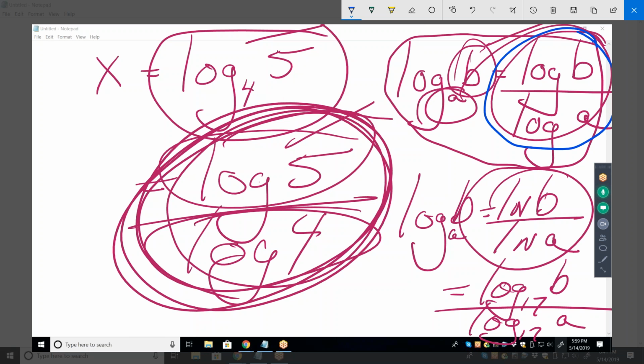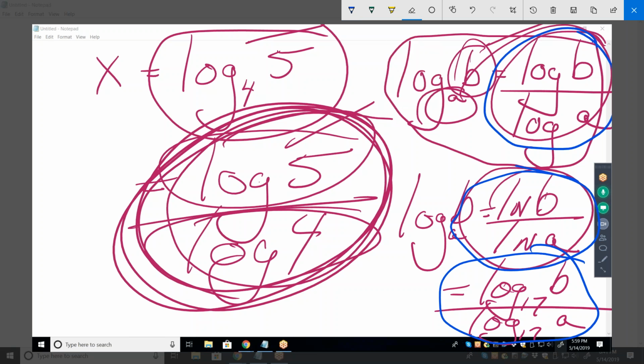Log of b base 10 divided by log of a base 10 is equal to natural log of b divided by natural log of a, and that is the same ratio of log base 17 of b divided by log base 17 of a. I can use any base I want. Those ratios are all the same. And that's useful to know. It's strange that they're all the same, but they are.